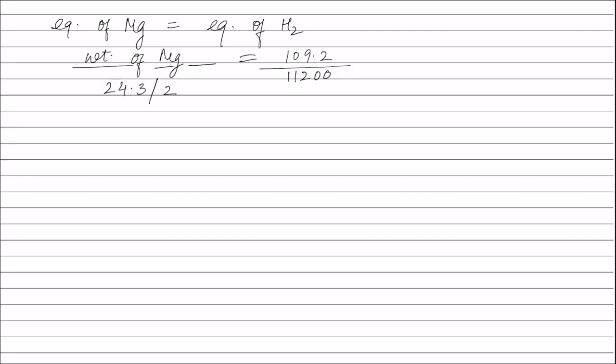Solving this equation, we get weight of magnesium equals 0.1185 gram, and from this same equation we get equivalence of magnesium equals 0.00975 equivalents.